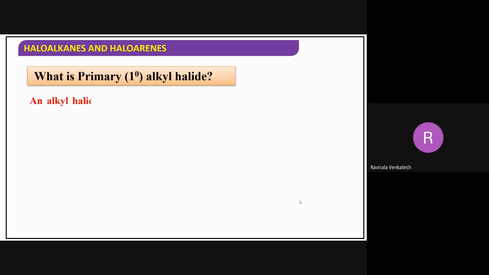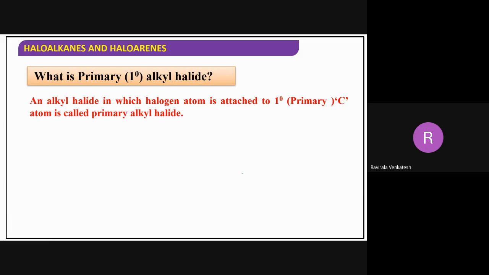Now let me see this again. What is a primary alkyl halide? An alkyl halide in which the halogen atom is attached to a primary carbon atom is called a primary alkyl halide. Now we get a doubt: what is a primary carbon?